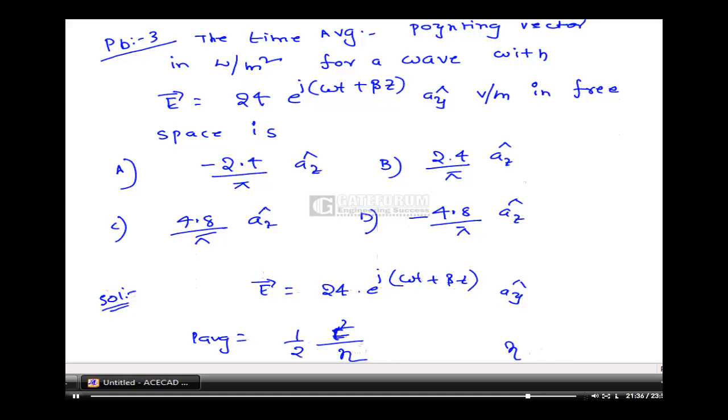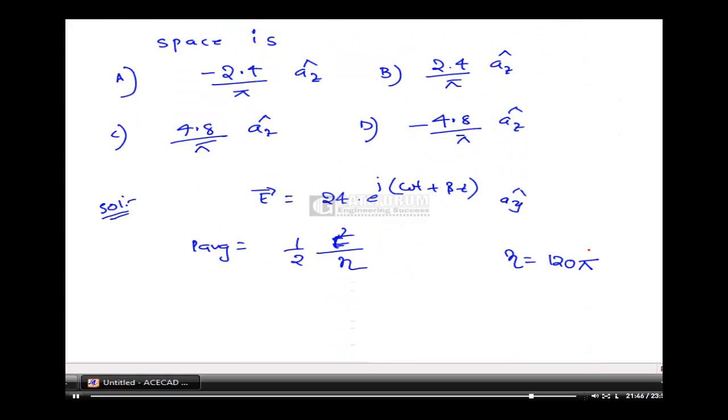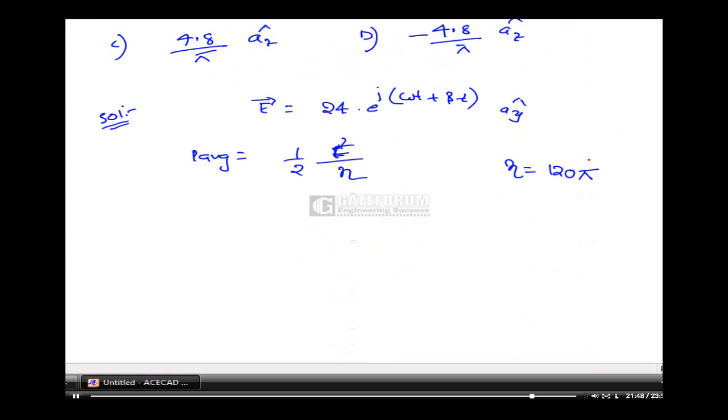Free space eta is equal to how much? 120 pi. Because here all the options are given in terms of pi, so go for 120 pi. Don't go for 377 ohms. So that is equal to half into 24 into 24 by 120 pi. So it's nothing but 2.4 by pi An cap.